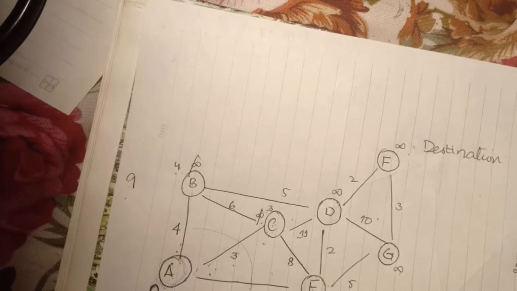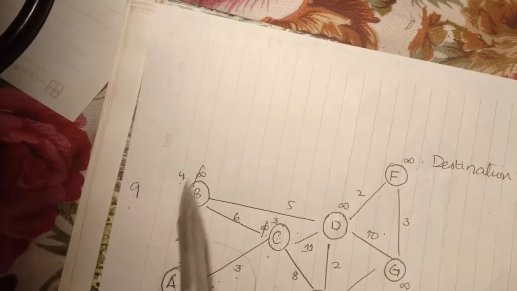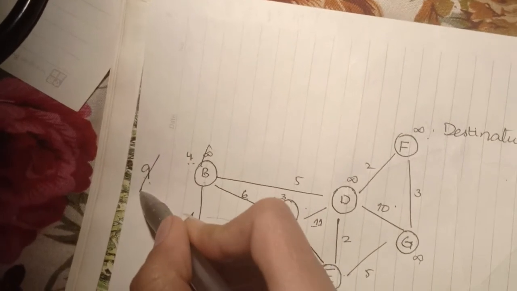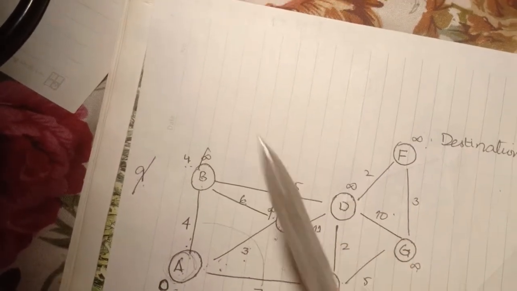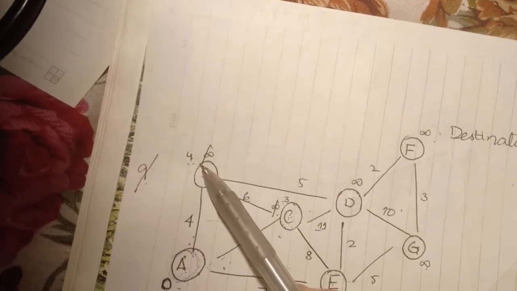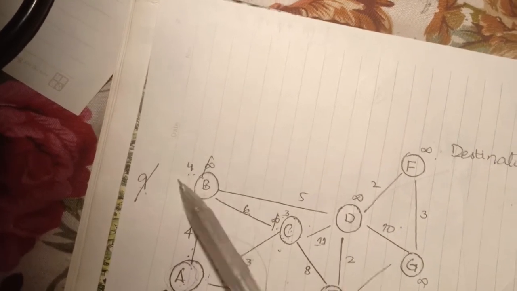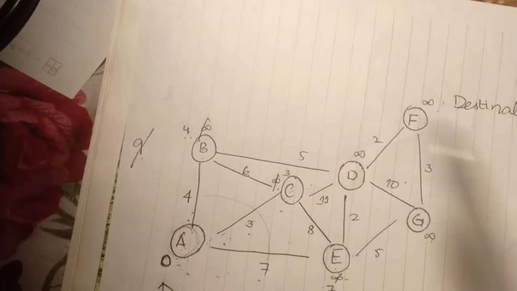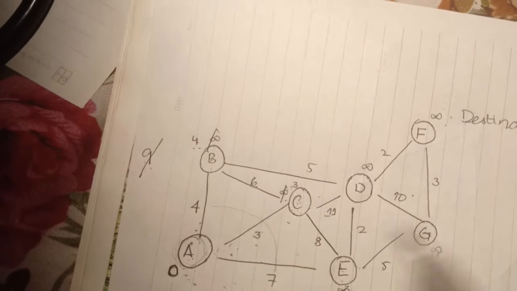So if it is less than the new weight, then you need to ignore it. If it was 1 as compared to 4, then we replace 4 with 1 and use that going forward.